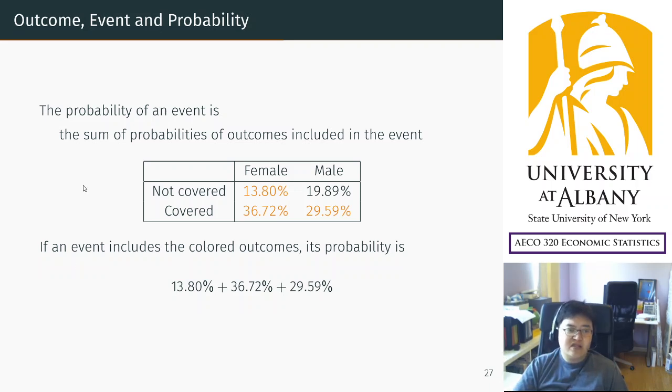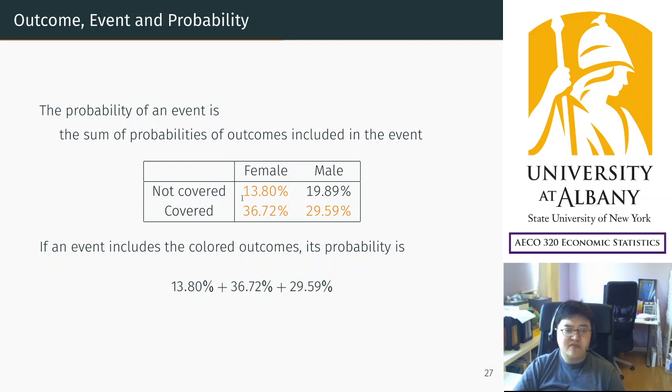So in general, the probability of an event is the sum of probabilities of outcomes included in the event. I have said the same thing before. It is a general principle. You can apply this principle to any event. So, for example, suppose that an event includes these three outcomes: female not covered, female covered, male covered.